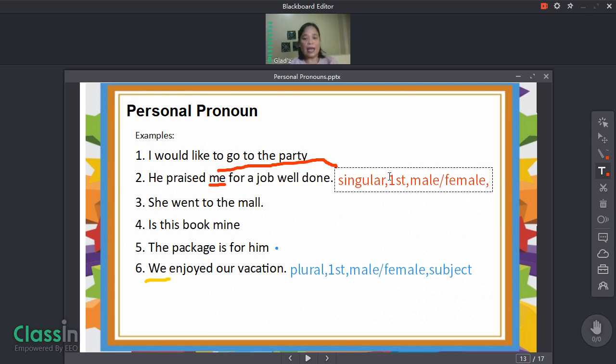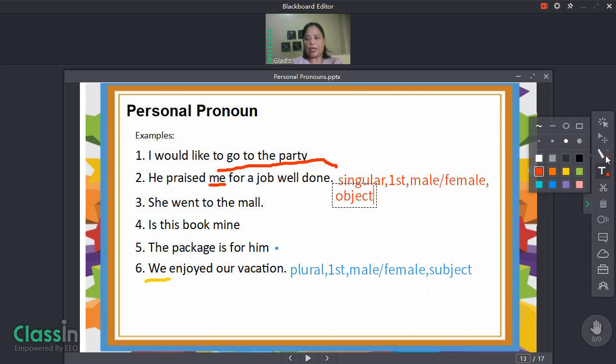It is used as an object, a direct object in the sentence. Let us recall why we said that it is a direct object of the sentence: because he is considered as the subject.